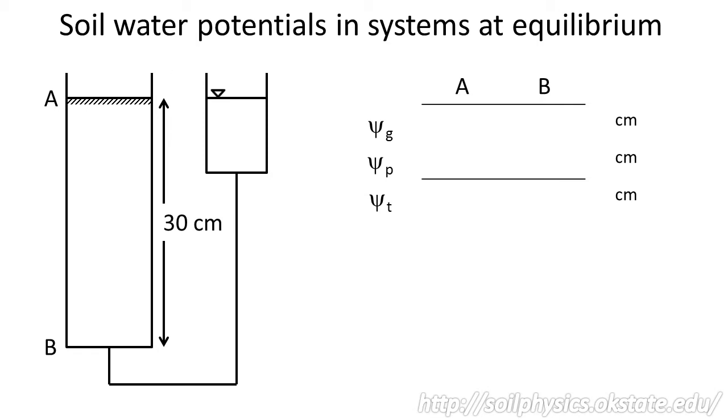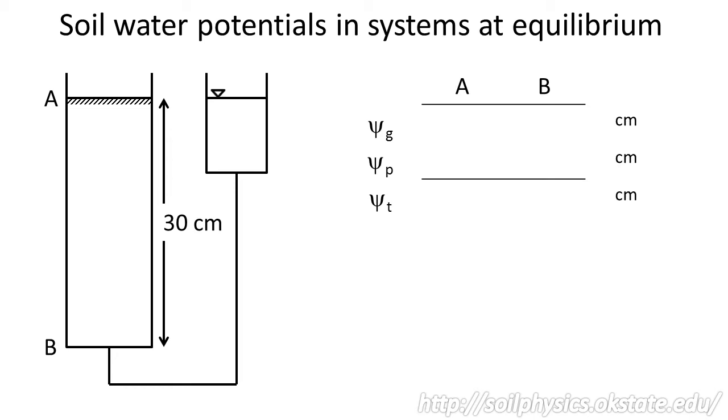In this case we're neglecting osmotic potentials, and we're just treating the total potential as the sum of the gravitational and the pressure potentials. Notice also that we're keeping track of our units. For each row, the units are centimeters of water.